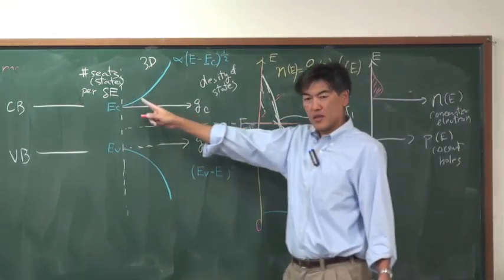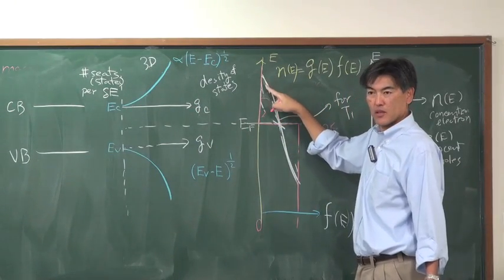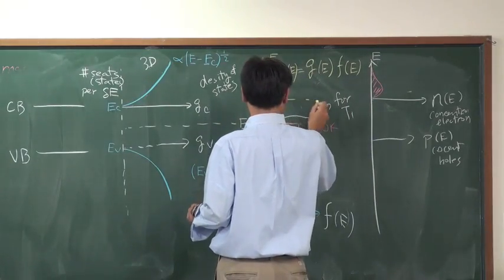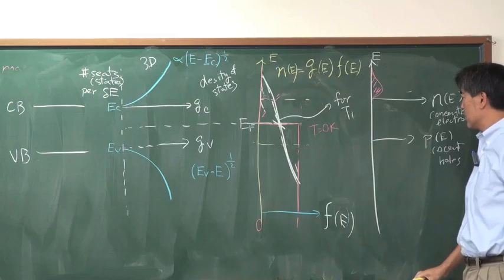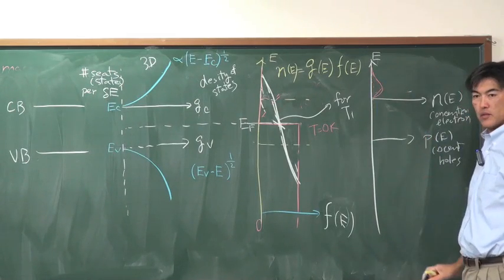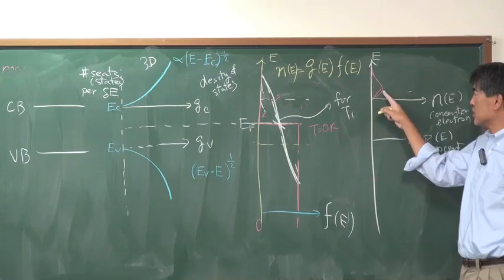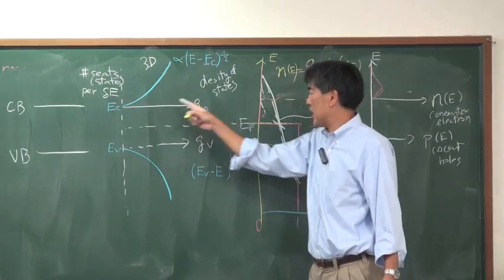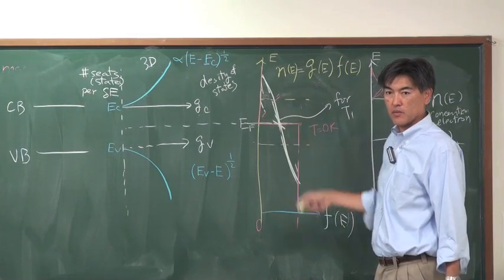This blue times this white, this part, looks like this. So the whole electron concentration looks like this, because it is the seats times the probability of finding electrons at such seat distribution.